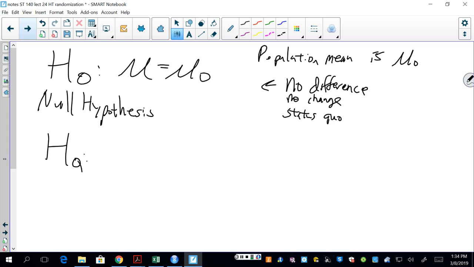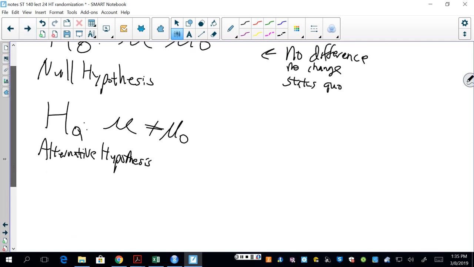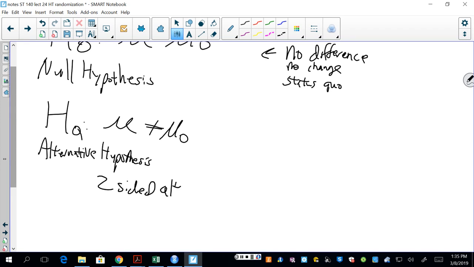The other hypothesis is called the alternative hypothesis. It can say a number of different things. One thing it can say is just that the null is not true. When it's not equal, it's called a two-sided alternative.